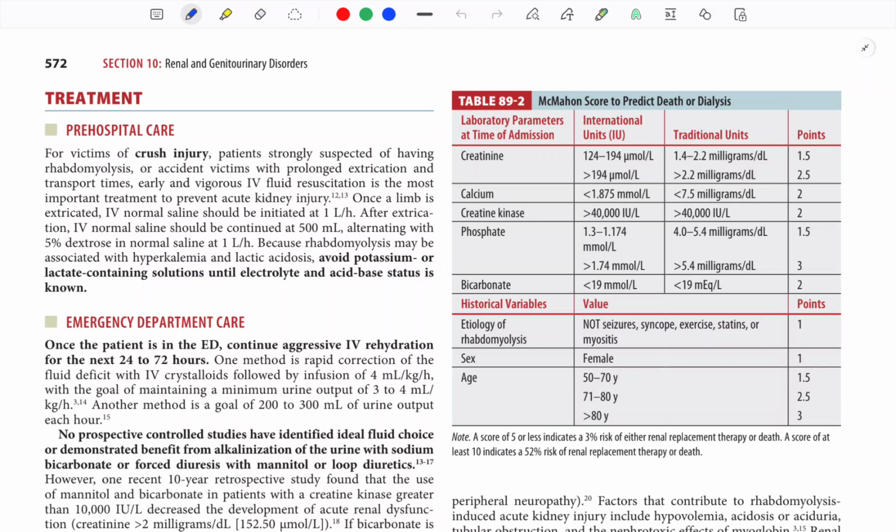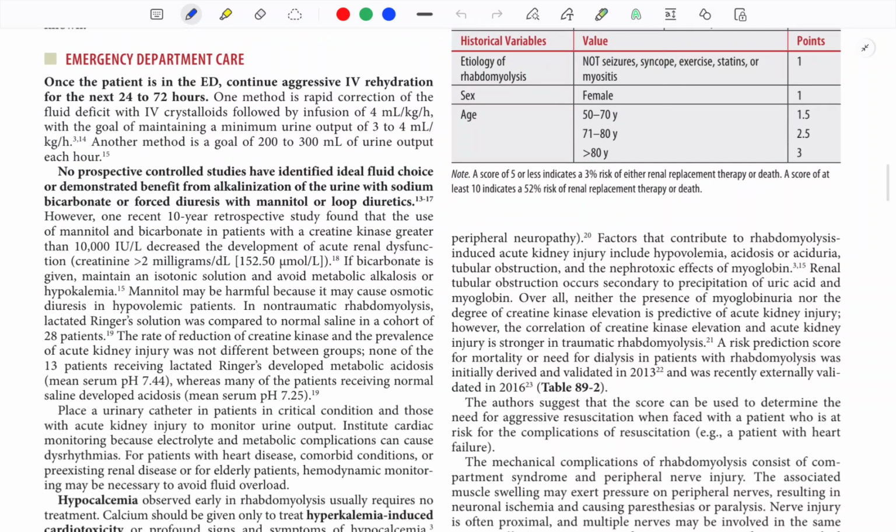The complications of rhabdomyolysis are acute kidney injury, acidosis, alkalosis, electrolyte disturbances, your DIC, compartment syndrome, peripheral neuropathy. Factors that contribute to rhabdomyolysis induced AKI: rhabdomyolysis will lead to AKI if your patient is hypovolemic, in acidosis or aciduria, tubular obstruction, and nephrotoxic effects of myoglobin.